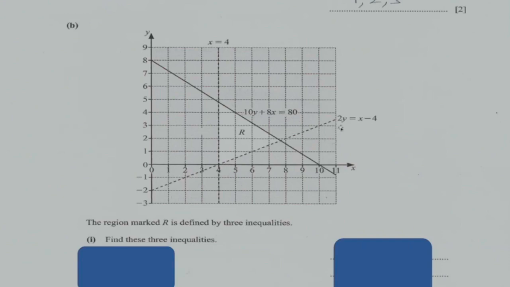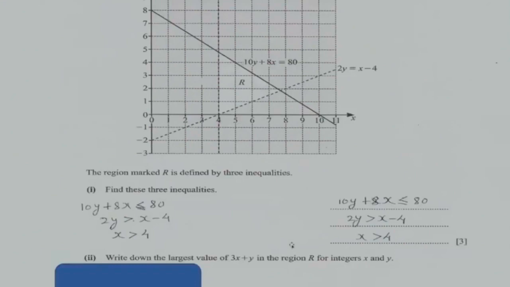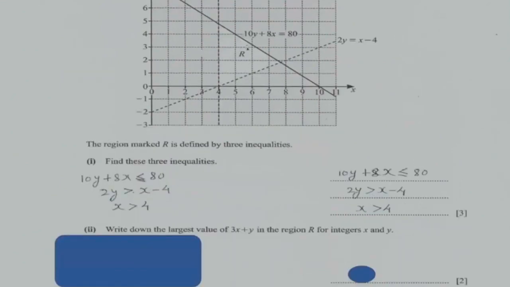This one, 2y greater than x minus 4, the dotted line, and this is x greater than 4. So these are the three inequalities. So this is hard line, these are dotted line. So this is equal, mark is coming.